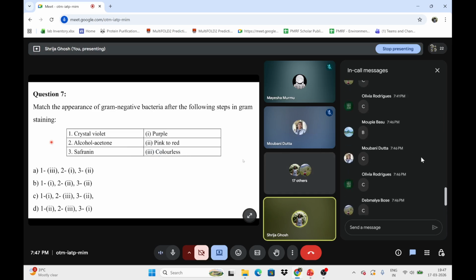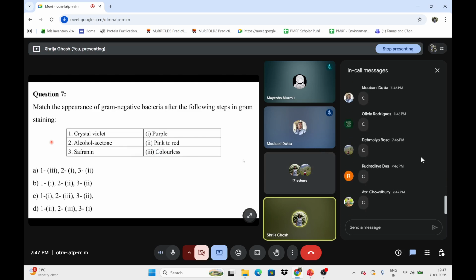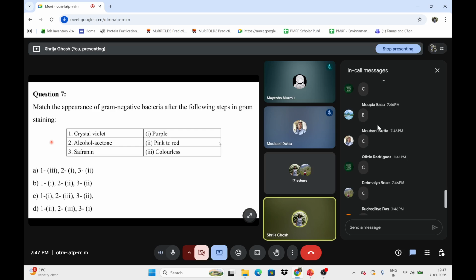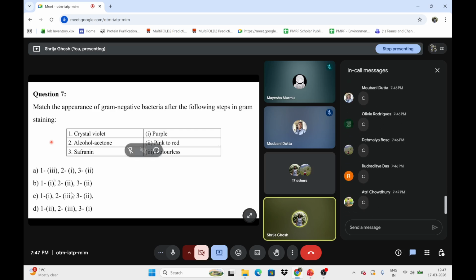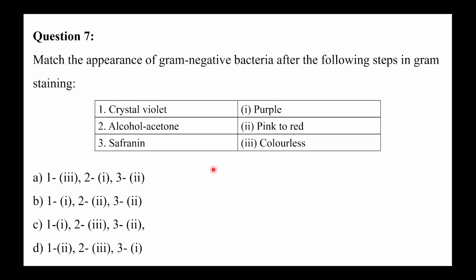Okay, I can see most of you have answered option C. One person has answered option B. Let's see. Option C is crystal violet purple, alcohol acetone colorless, and safranin pink to red.